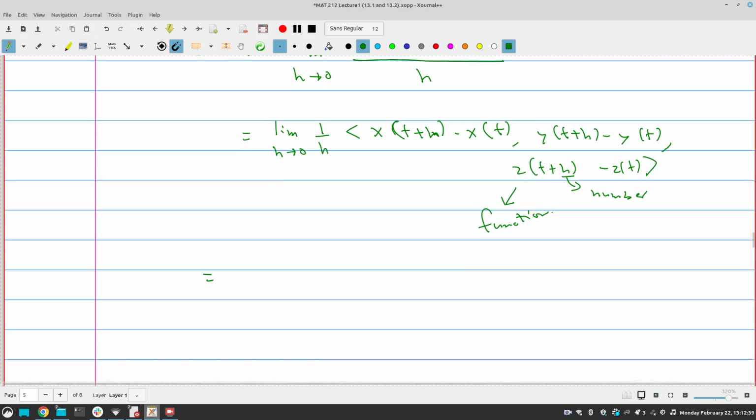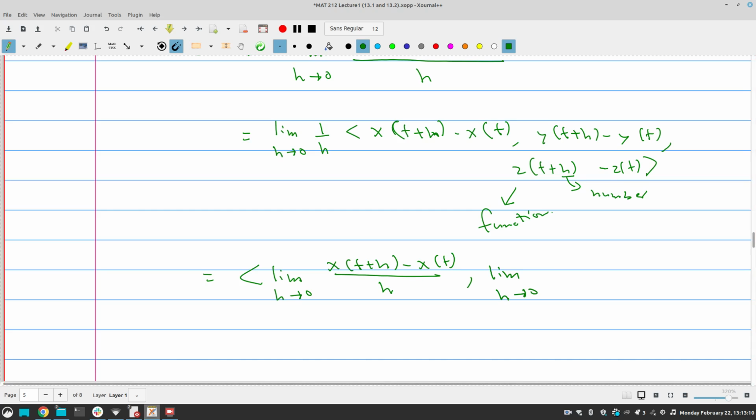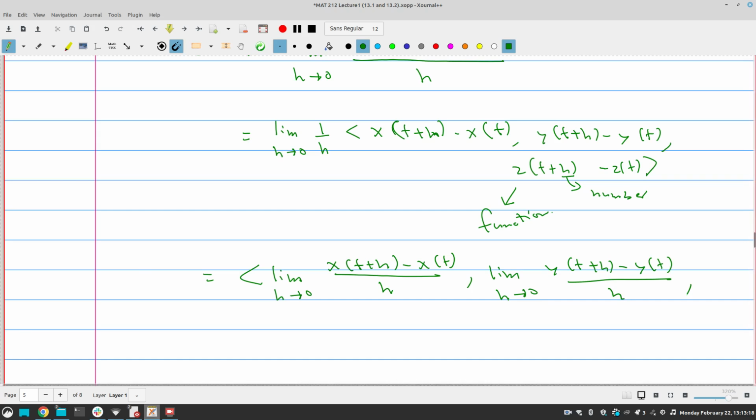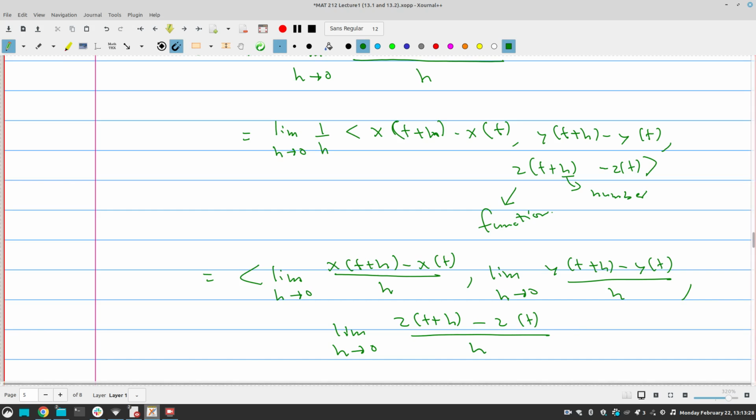So by the definition of a limit of a vector function, I can do this: the limit as h goes to 0 of x of t plus h minus x of t divided by h, comma, the limit as h goes to 0 of y of t plus h minus y of t divided by h, comma, the limit as h goes to 0 of z of t plus h minus z of t over h.